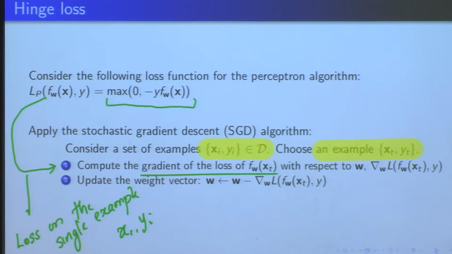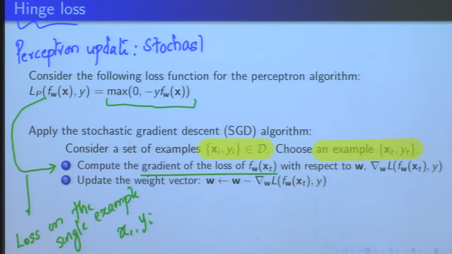Summarily, what we are saying is that the perceptron update is stochastic gradient descent on hinge loss.